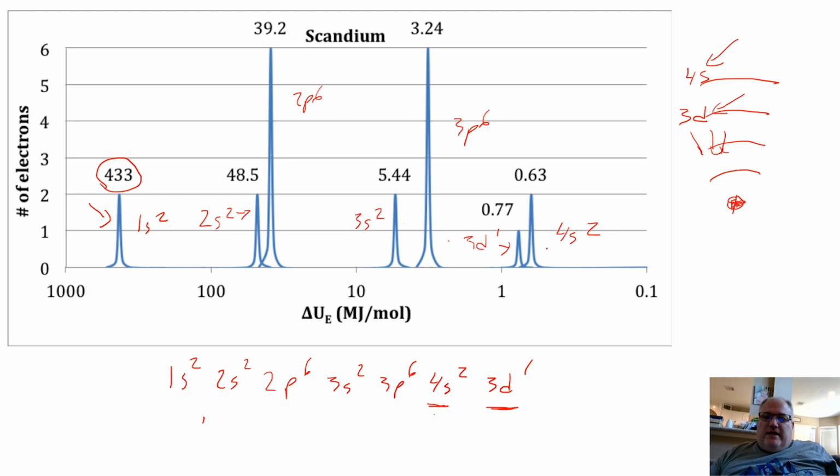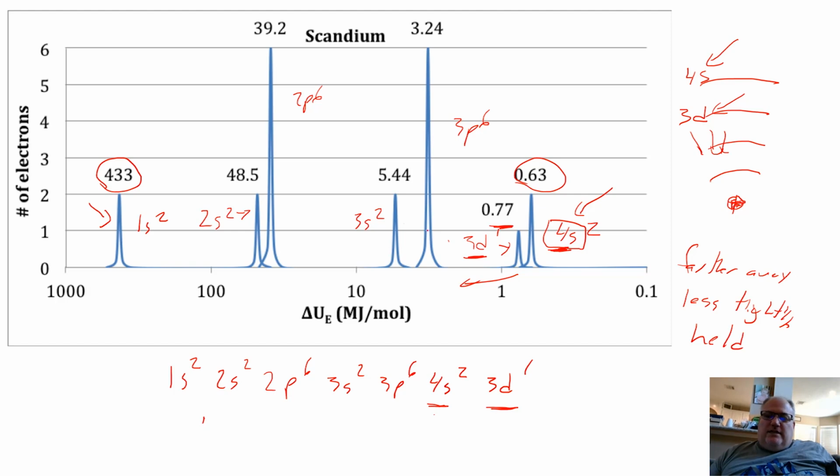Because this is the fourth energy level, and because this is the third energy level, the third energy level electrons are going to be held more tightly, 0.77, than the fourth energy level, 0.63, even though the orbital itself, the 4s, has less energy. It's all about distance. So the farther away, the less tightly you're held.